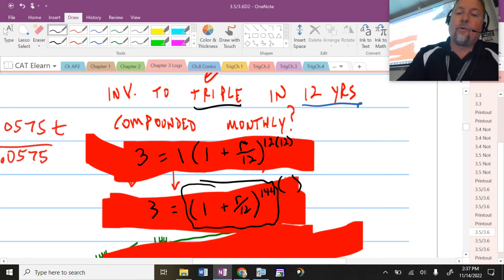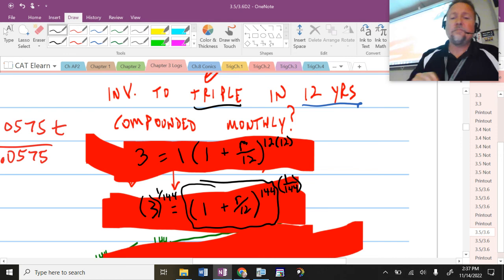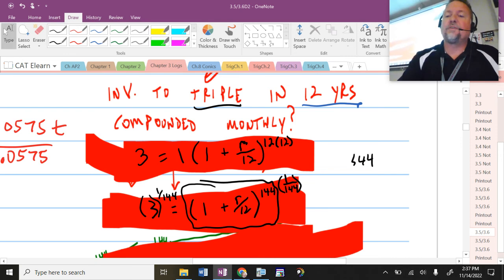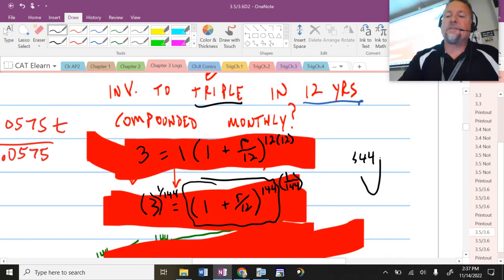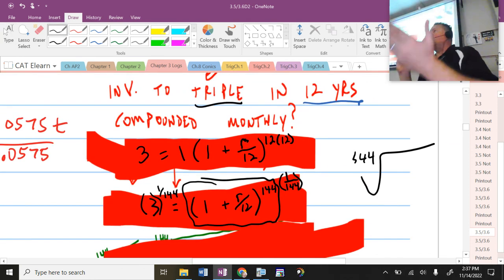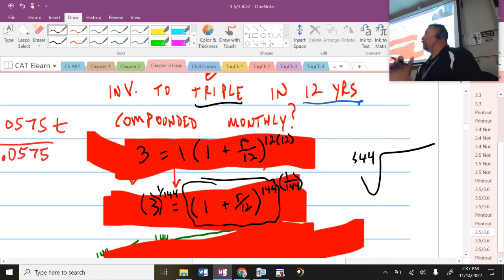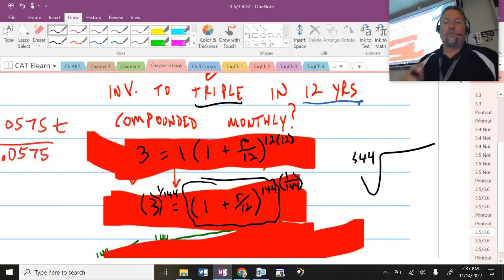Holy crow. 1 over 144th power. That's why I love this one. It doesn't always have to be a logarithm. That is how we solve this. That is synonymous with the 144th roots of both sides. We're raising it to the 1/144th power. Not raising it, we're taking the 144th root of 3.